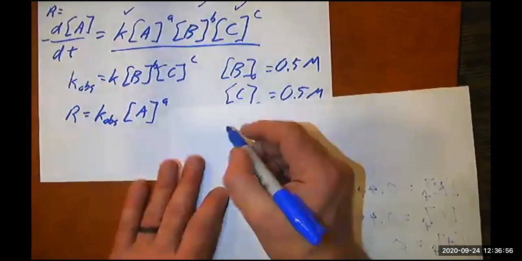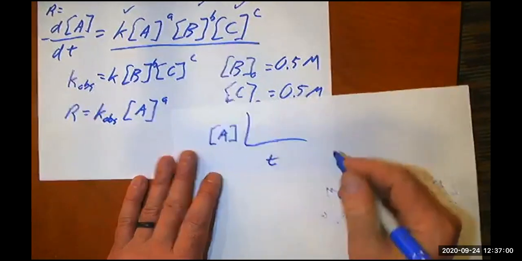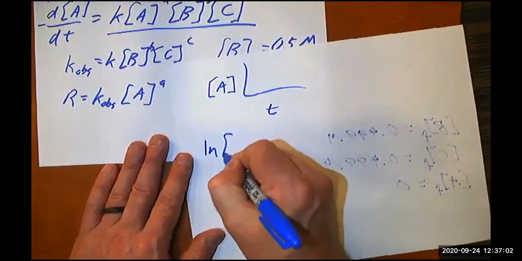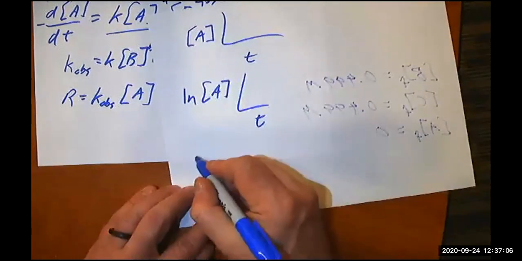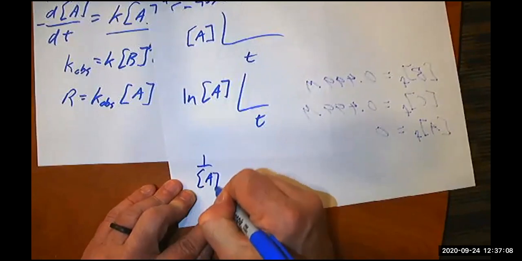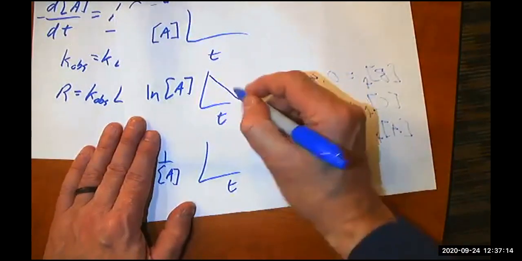So we can do our concentration of A versus time. We can do our natural log concentration of A versus time, and we can do our 1 over concentration of A versus time, and we see which one of these is a straight line. And let's suppose that this is the one we see.